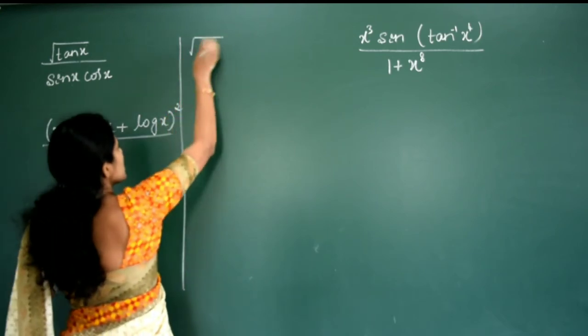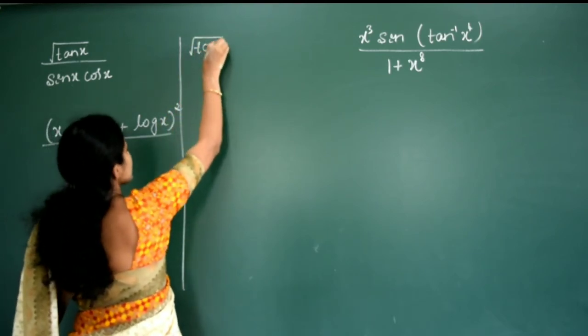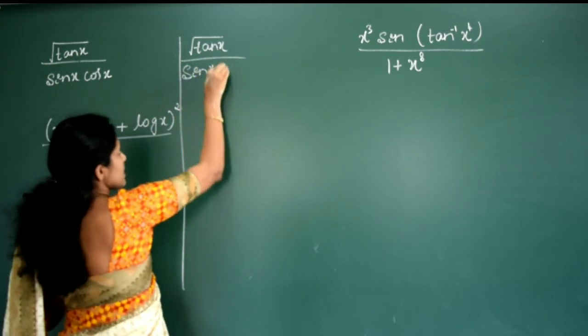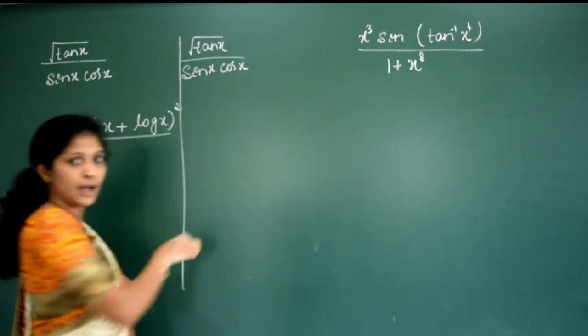So what we will do is root of tan x as it is divided by sin x into cos x, and multiply and divide by cos x.